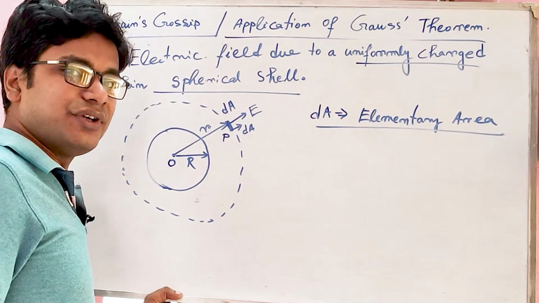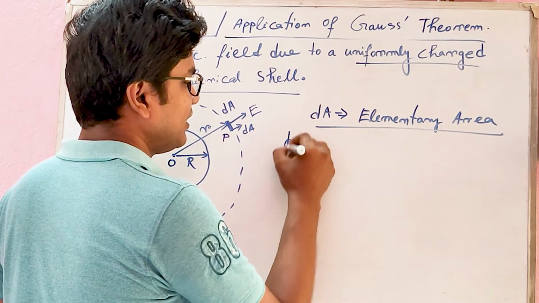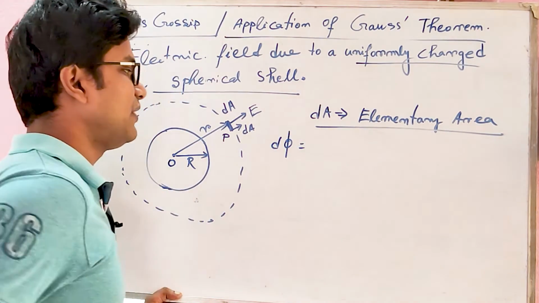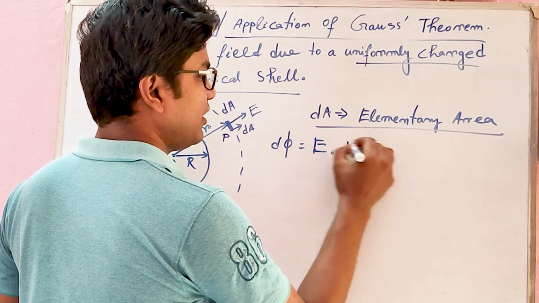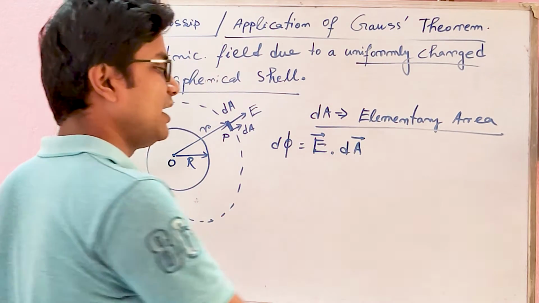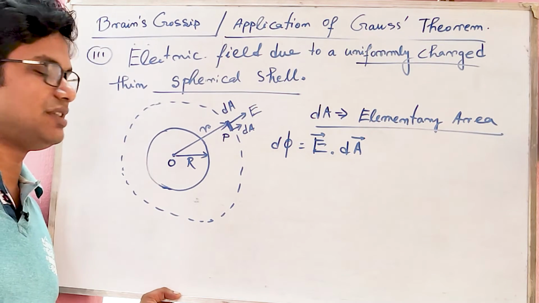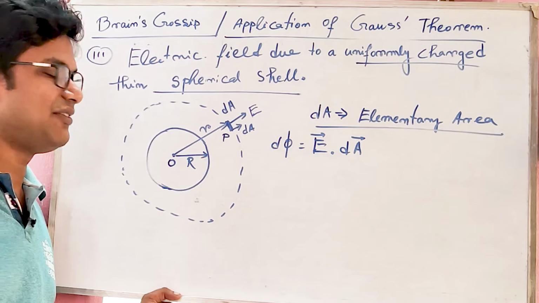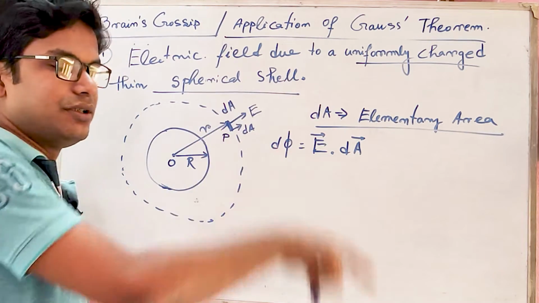Now let us just quickly calculate the flux for this elementary area, that is d phi. So d phi equals E dot dA, where E and dA both are vector quantities. Now here comes a question, what is the direction between this electric field vector and area vector? Here you see both are radially outward.